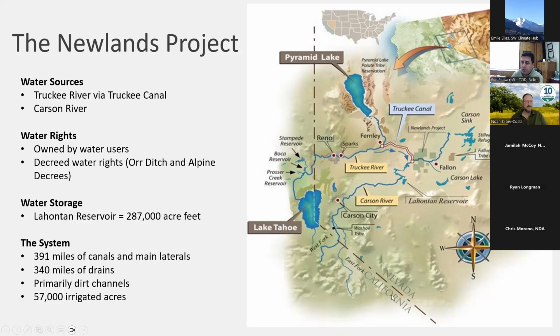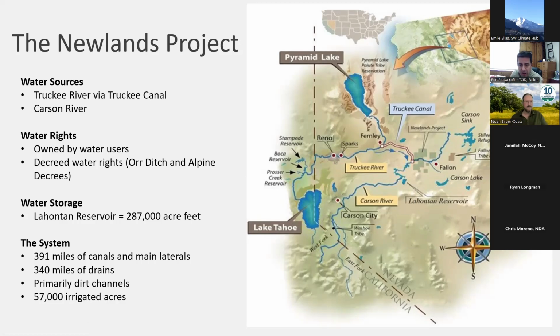And that is displayed here on the screen as the Truckee Canal. So the river itself, the Truckee River, continues on to its natural terminus, which is Pyramid Lake. And before it turns north there, we have our diversion works, which takes a portion of that water and dumps it into our reservoir.